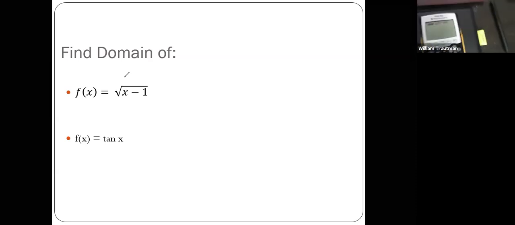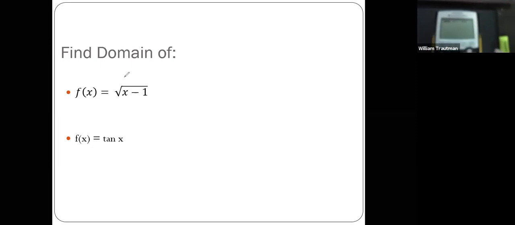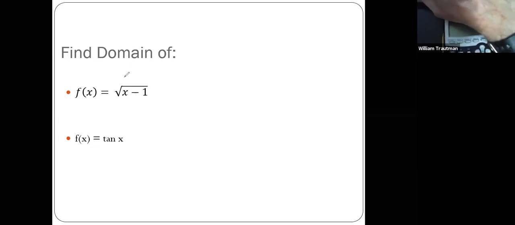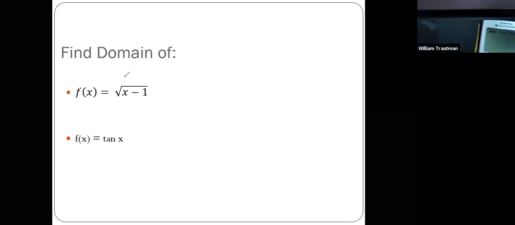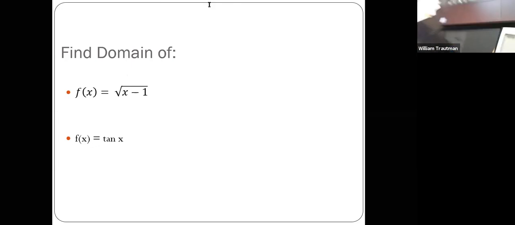There we go. So on my calculator, oh no, I have reverse. Oh, I'm telling you, I'm just having a bad day with cameras today. My calculator is reversed. Give me a second. Let's see if I can unreverse it.